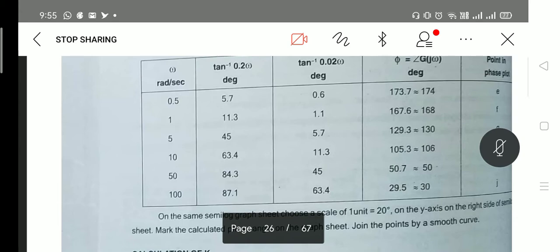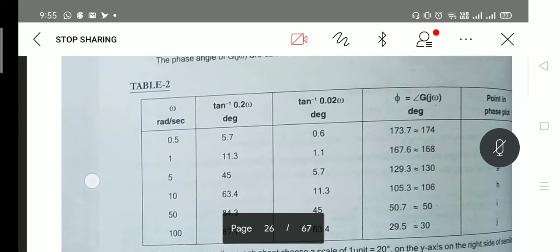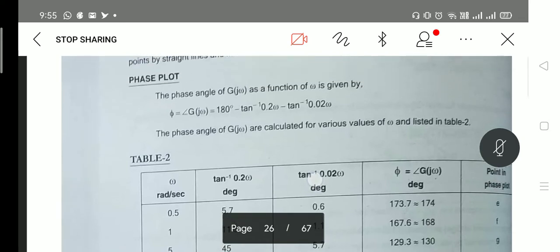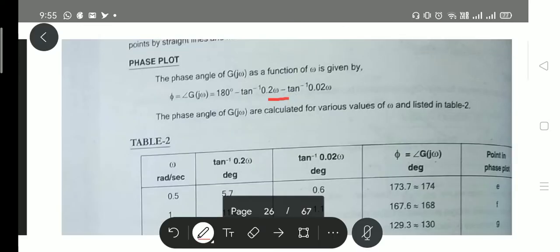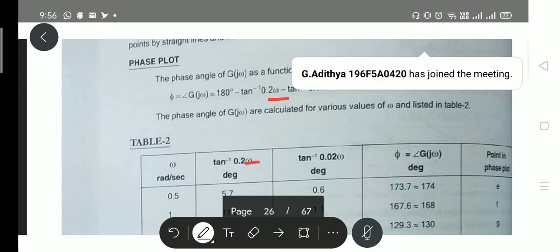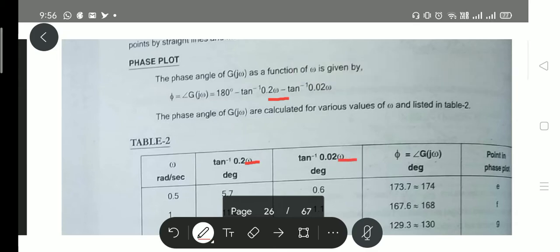You can substitute this 0.5 value in place of omega in tan inverse of 0.2 omega, then we will get 5.7. Substituting 0.5 in the other term, we will get 0.6.